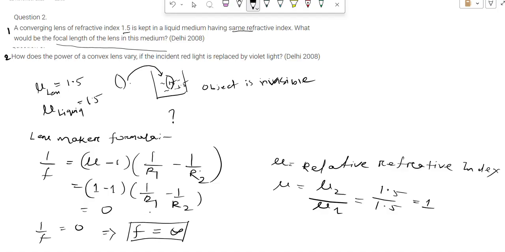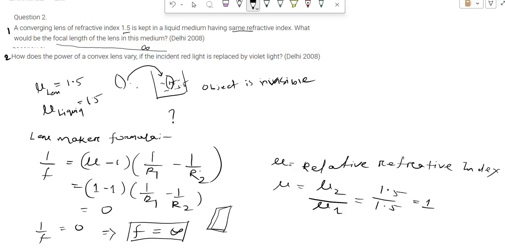To visualize infinity, think of a plane object. Consider a plane mirror: it has focal length infinity. So what will be the focal length of the lens in the medium? The answer is infinity.